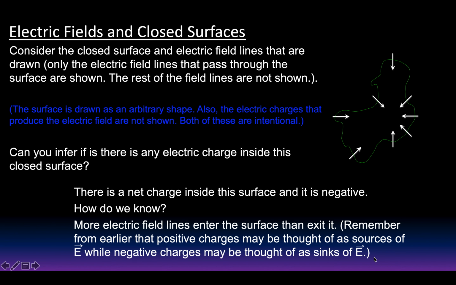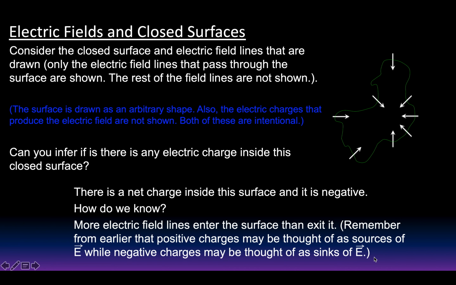Also, if you think back to the previous analogy, we said if you place a black hole inside a glass jar, it is possible to have the scenario where you have more photons entering the jar than exiting the jar. Also, if we were to be given some type of conversion for how many coulombs of charge create how many lines of electric field, we would even be able to then say how much charge exactly is inside this closed surface.